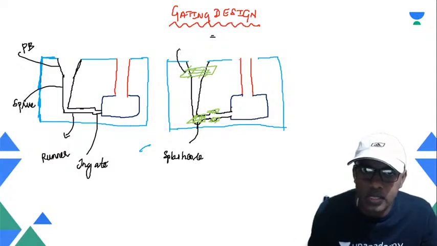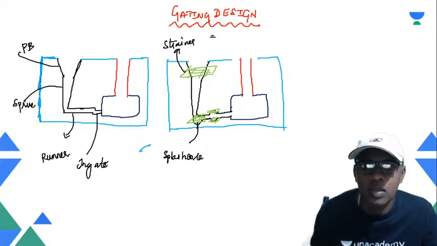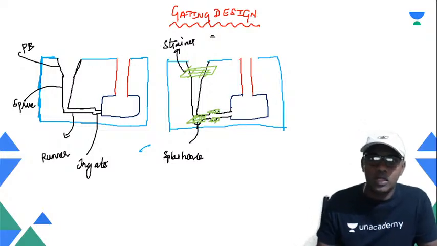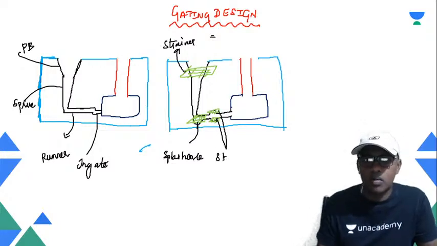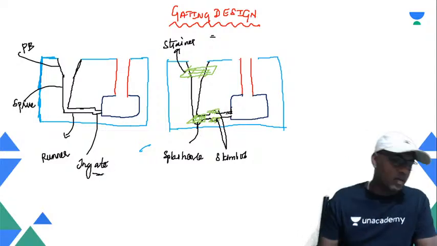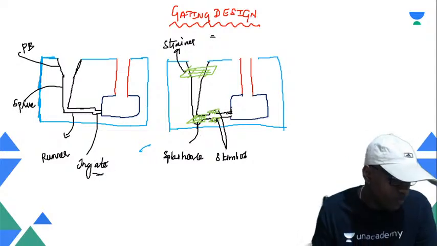And from the top you can see, between the pouring basin and the sprue, we are calling it the strainer. And here you can see a shallow portion on the bottom and top. These are called your skim bob. And this is your in-gate after that. Please make a note of it.